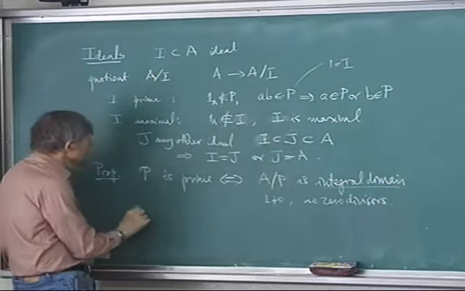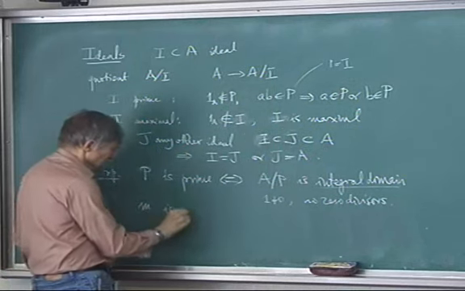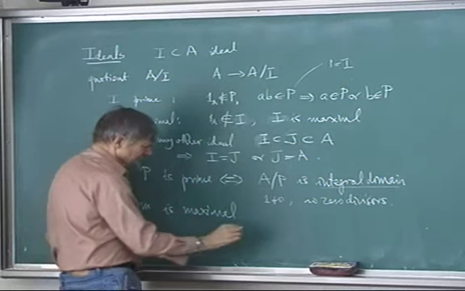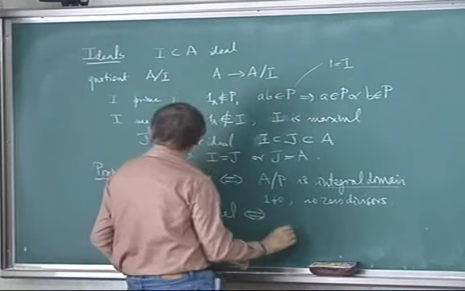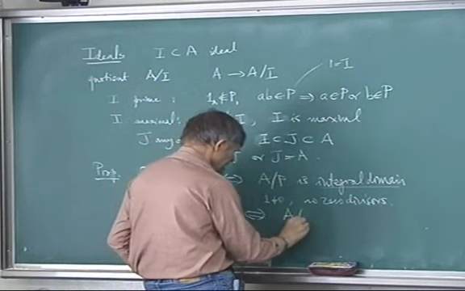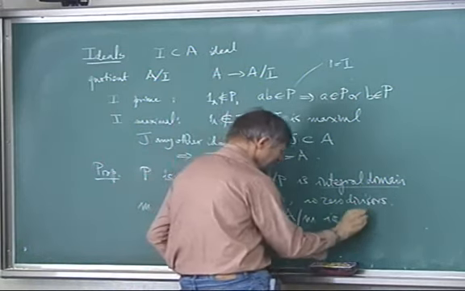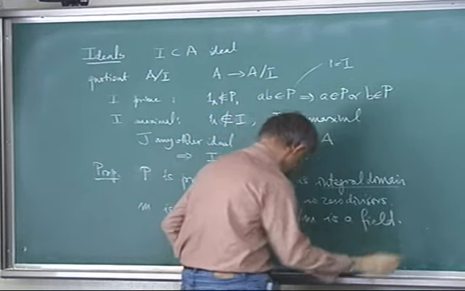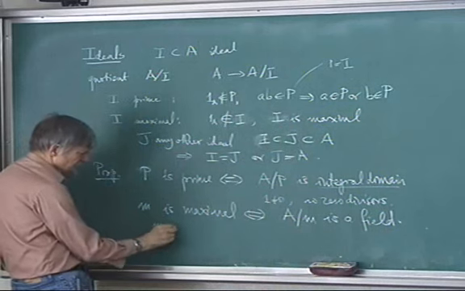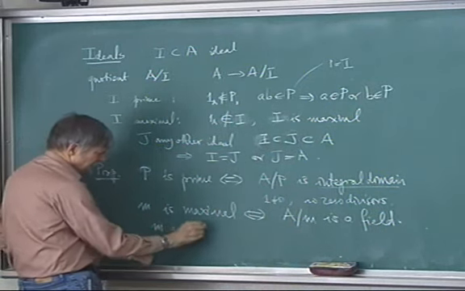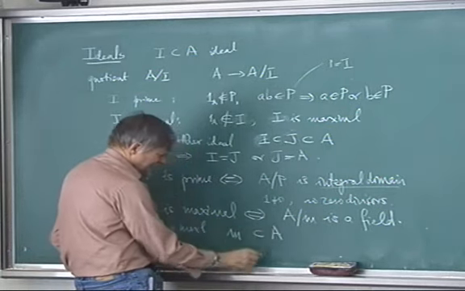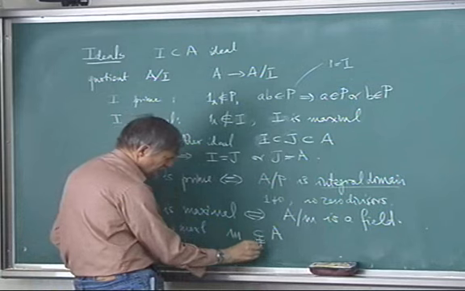And an ideal M is maximal if and only if A mod M is a field. So if M is maximal, it means that I've got M in A, and they're not equal.